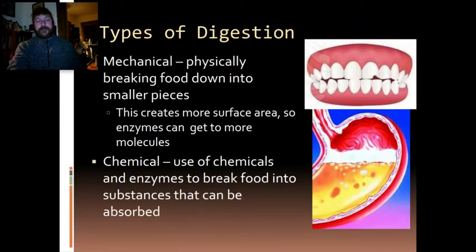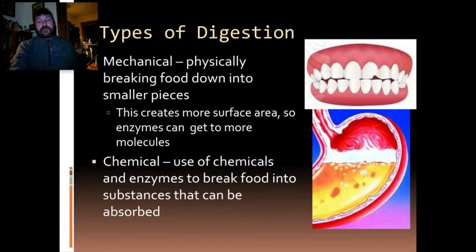Two big types of digestion. The first one is mechanical, and that is the chewing and smashing parts that I just talked about. Your teeth, the point of your teeth is to break food down into smaller pieces, which increases its surface area.